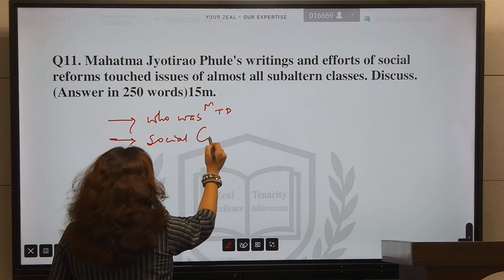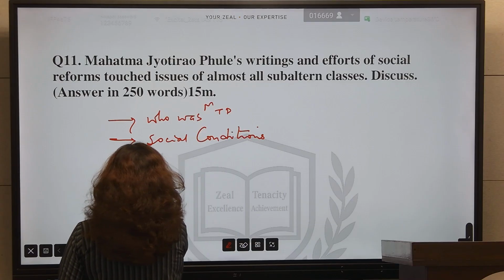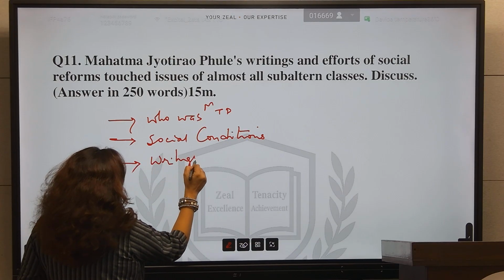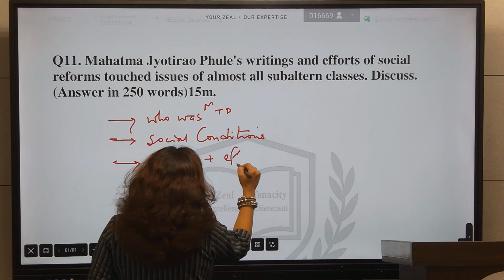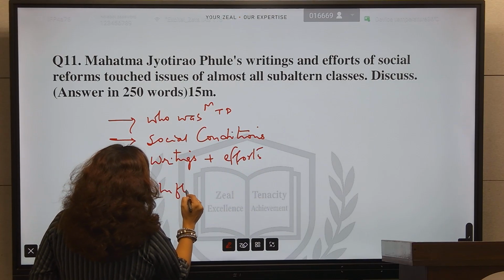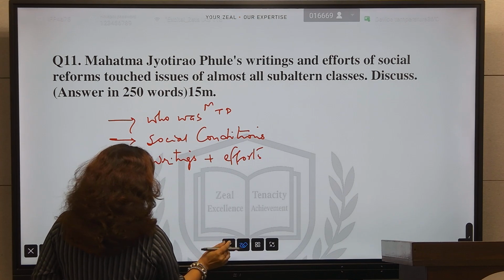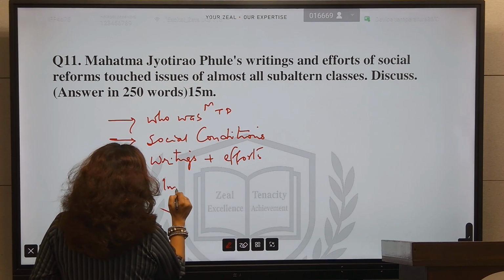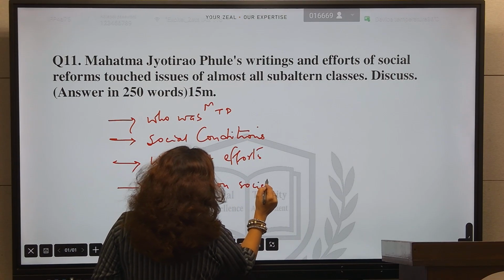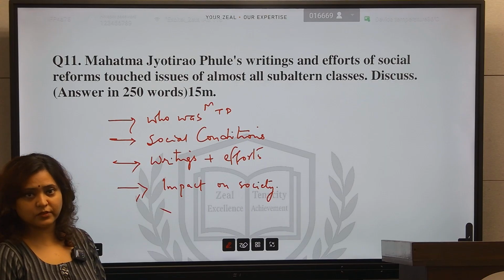Then his efforts and his writings, and lastly the impact he had on society. These are the four main headings of your answer.